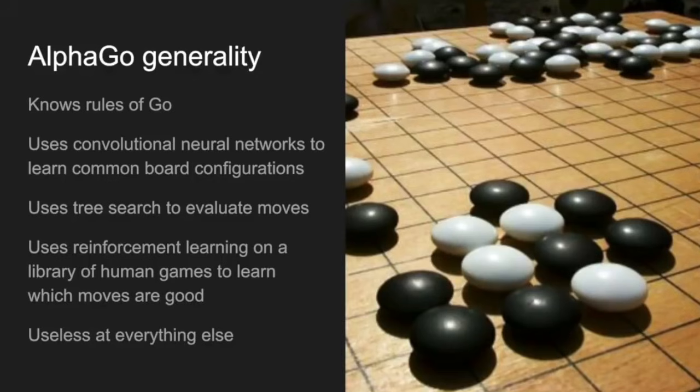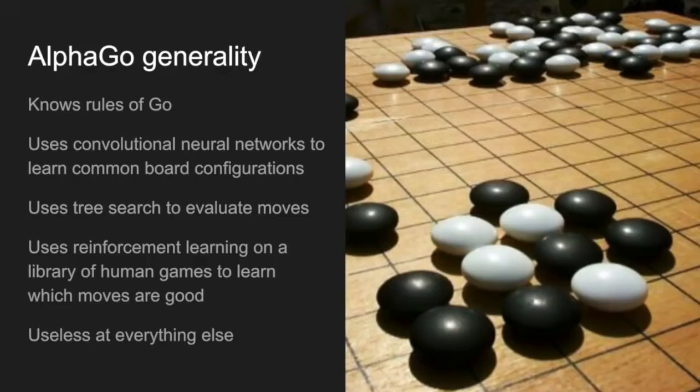If I take action B, bad things tend to happen. After I learn those patterns, the next time I see configuration A, I can take the action that leads to good things. So using reinforcement learning on a library of human games then kind of bootstrapped AlphaGo and let it learn from the history of human play and human insights to get started.